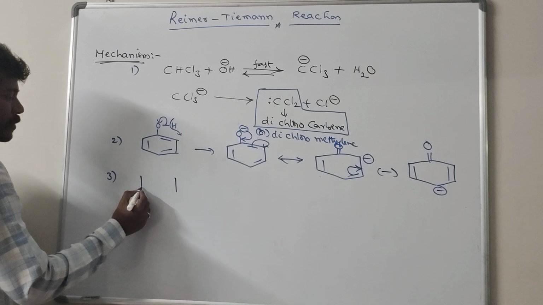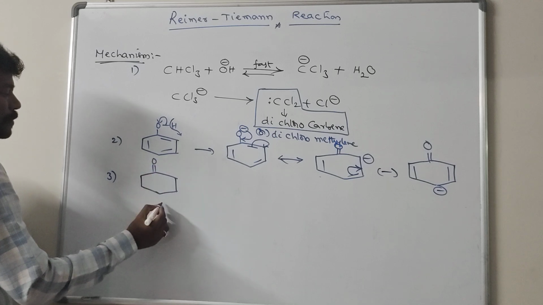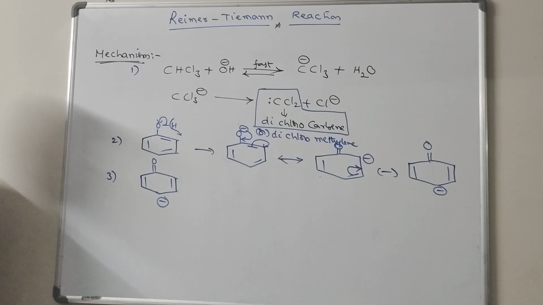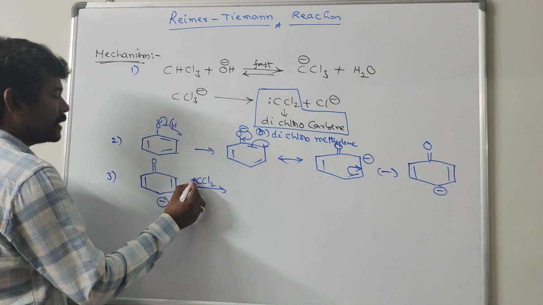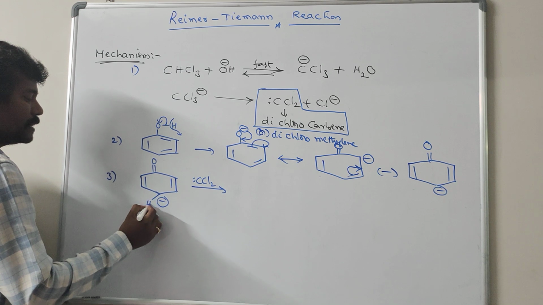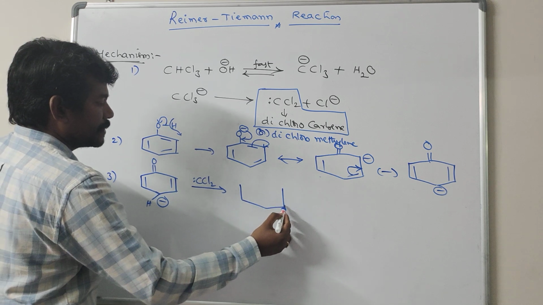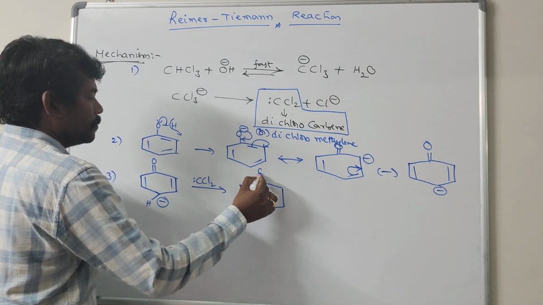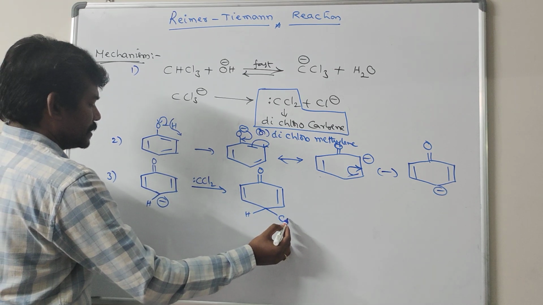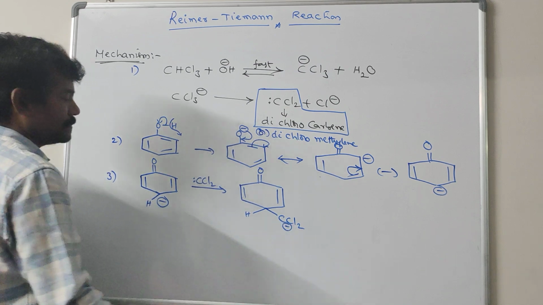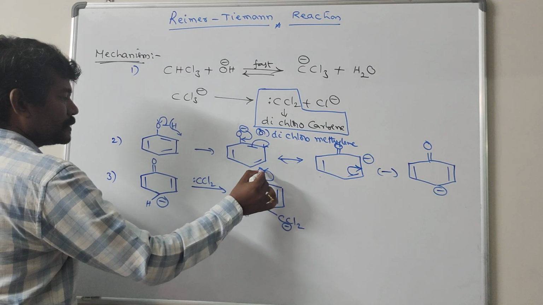In the case of para-hydroxybenzaldehyde, we take the resonance structure where the negative charge appears at the para position. Here the attack of CCl2, dichlorocarbene, which contains one lone pair, takes place. We get double bond O, H, CCl2 minus. So the electron transformation goes like this.